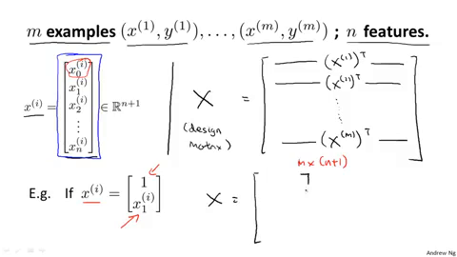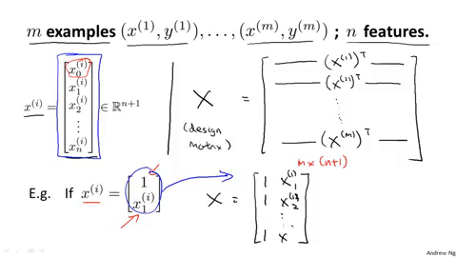For the first row, I'm going to take this and take its transpose, so I end up with 1, and then x1(1). For the second row, I end up with 1, and then x1(2), and so on down to 1, and then x1(m). Thus, this will be an m by 2 dimensional matrix. So that's how I construct the matrix X.